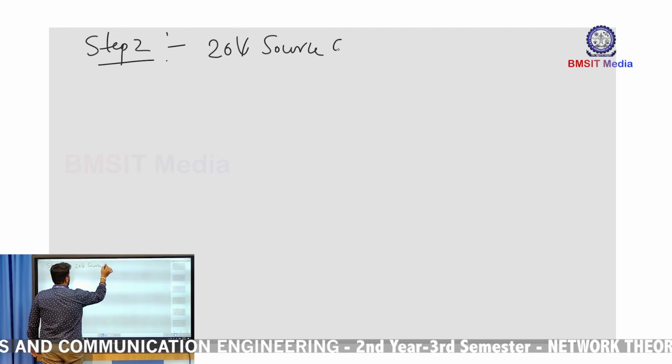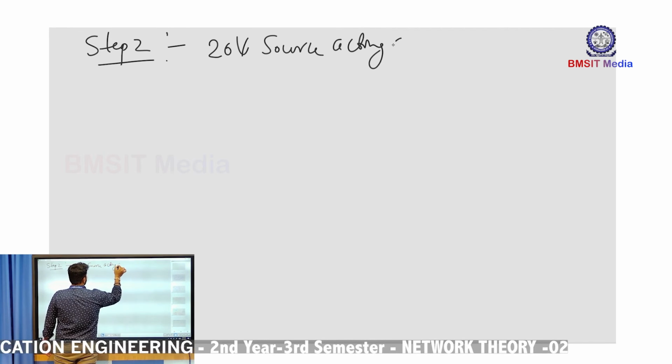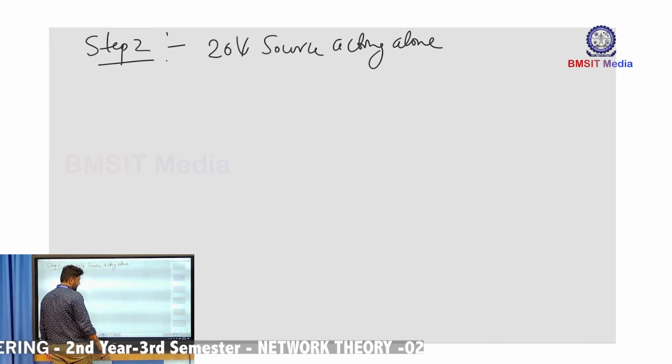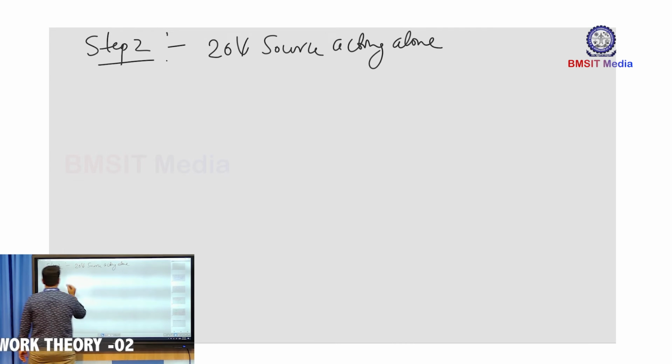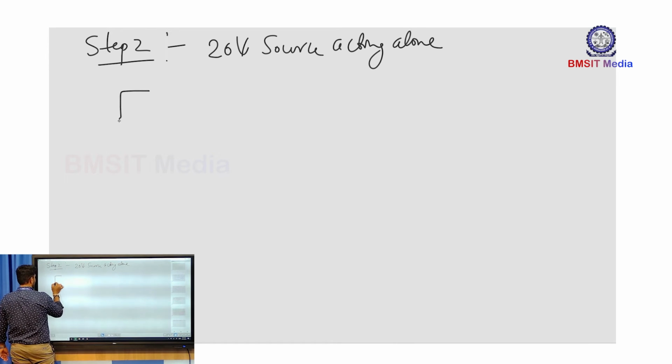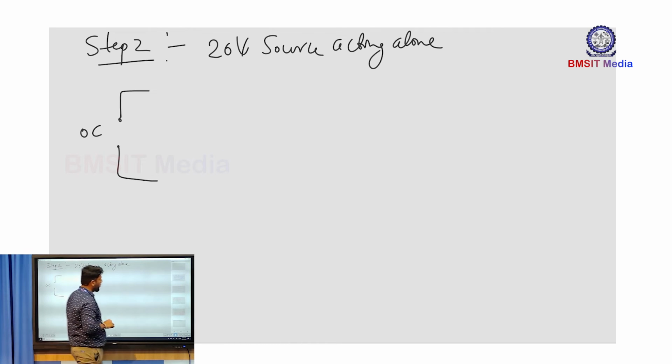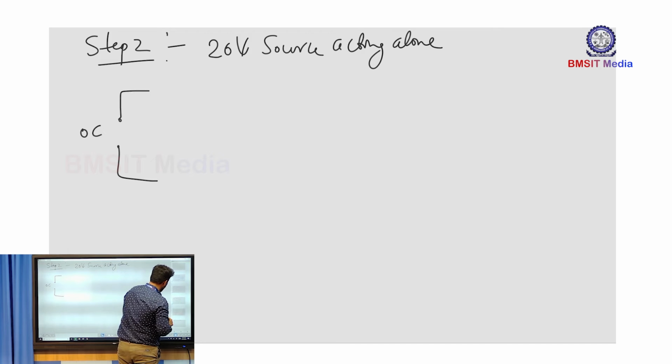That's step 2. Now consider the other source. What is the other source here? It is a 20 volt voltage source. Now considering the 20 volt voltage source acting alone, make the other source, the 10 ampere current source, 0. Making it 0 means you consider it an open circuit, because we know the current through an open circuit is 0.